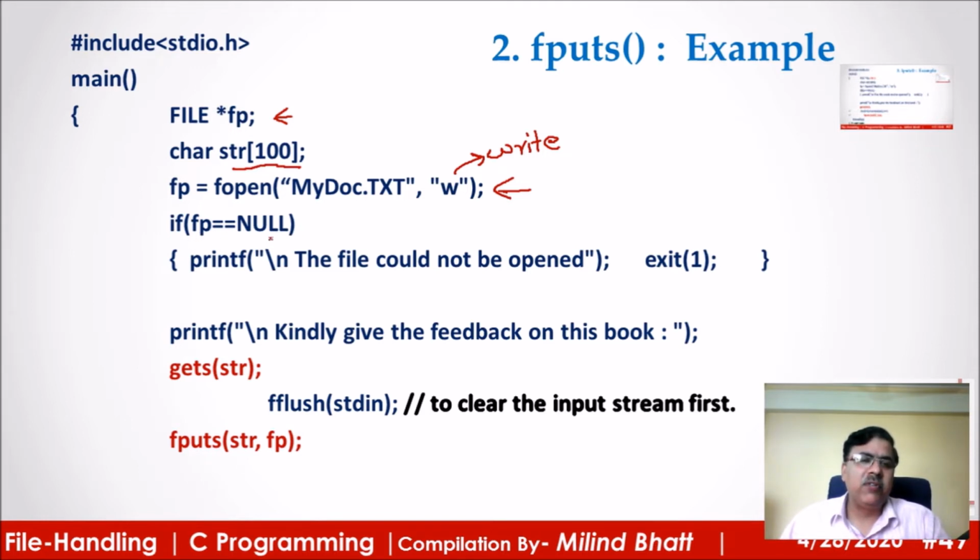So if fp is equal to null, file cannot be opened, take an exit. But if it is openable, then kindly give some feedback, and I will store this feedback in the string called str, and after reading it, I clear my buffer, and finally I put this value to my file with the help of fputs function.